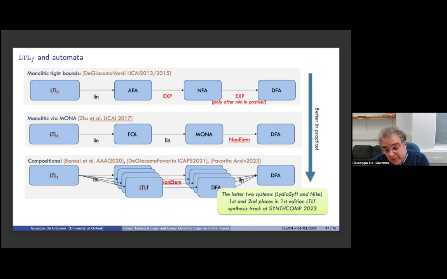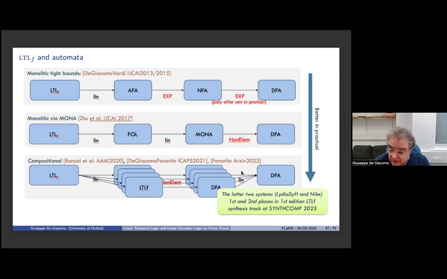And actually, it has been shown pragmatically that you can get better results from this non-optimal translation than from the optimal translation. And the very best tools that are around, the ones that won the competition this year, are all based on taking the formula, decomposing it, and then taking the single pieces of the formula and translating them through Mona, or something equivalent to Mona, something non-elementary, to a DFA, and then composing the DFAs.